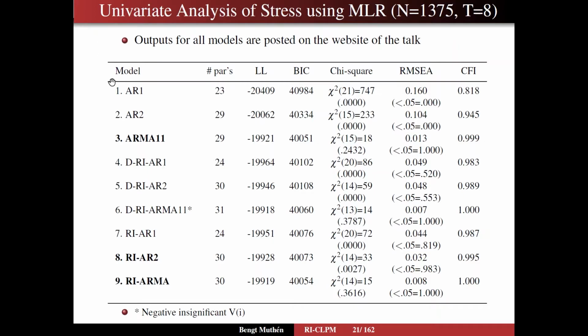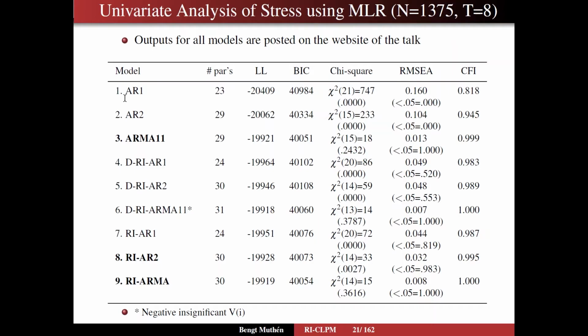The first 6 models are of a kind where the dynamics, that is the relationship between variables across time, are for the observed variables, whereas for the last 3 models the dynamics happen for the residuals. So it's quite different models.